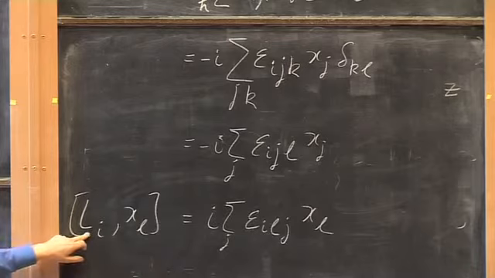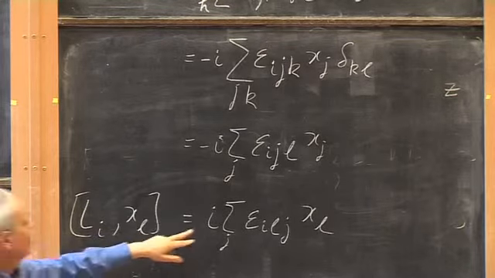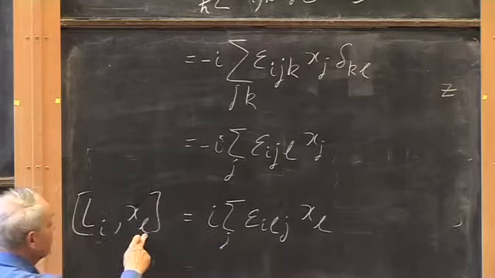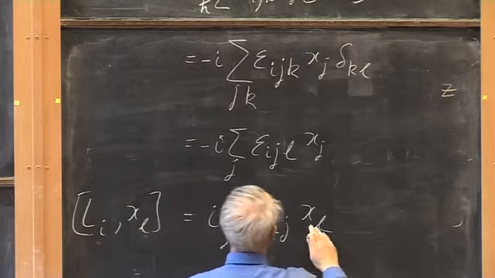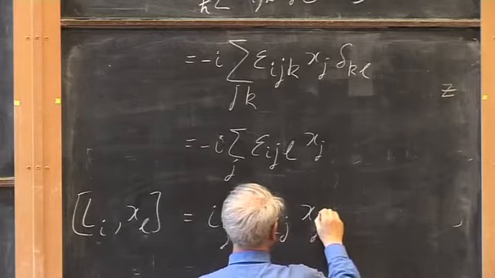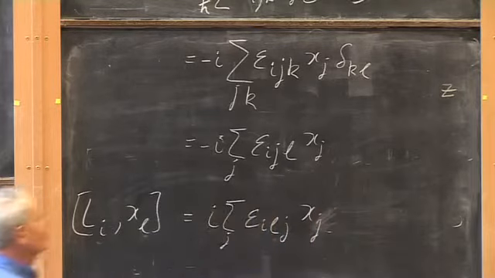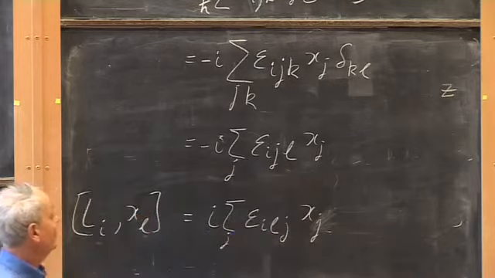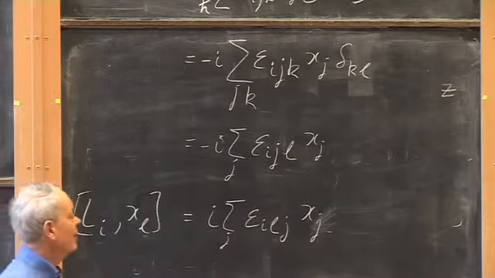The commutator of Li with xl is i times epsilon i l j, these two letters being those two letters, summed over j. So between here and here, I've merely reversed the order of the subscripts on the epsilon, picking up or dealing with a minus sign.